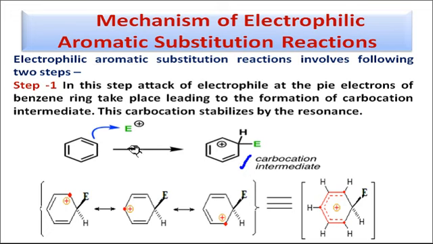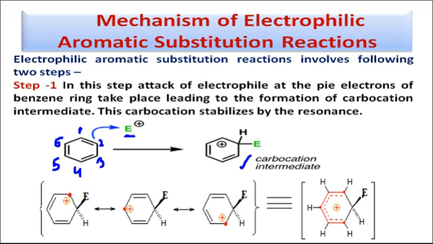So look here, when the electrophile attacks onto this pi bond, let us give the numbering of the carbon atoms: 1, 2, 3, 4, 5 and 6.